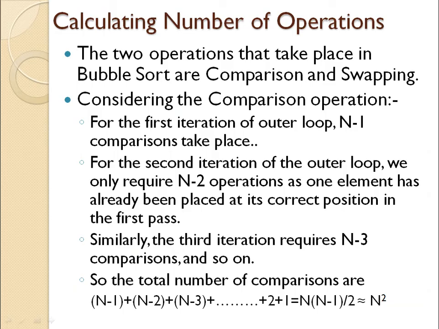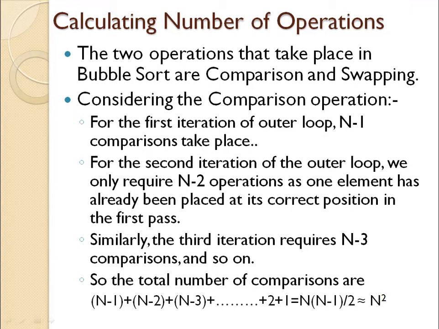Now let us see the number of operations that take place in this algorithm. So it will decide its complexity. The two operations that take place in bubble sort are comparison and swapping. First consider the comparison operation. For the first iteration of the outer loop, n-1 comparisons take place.